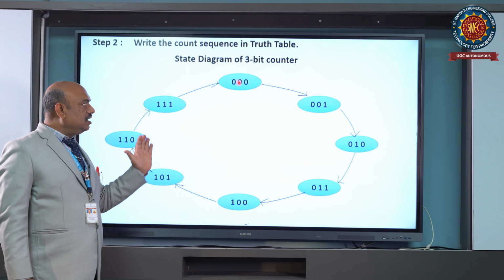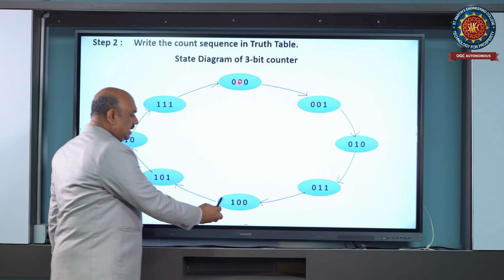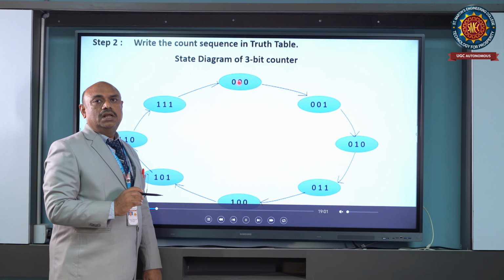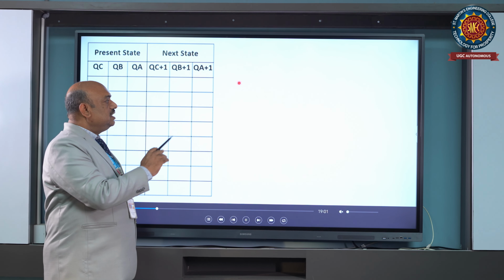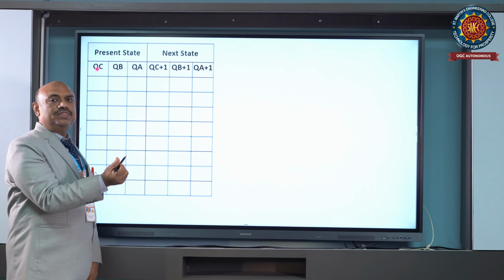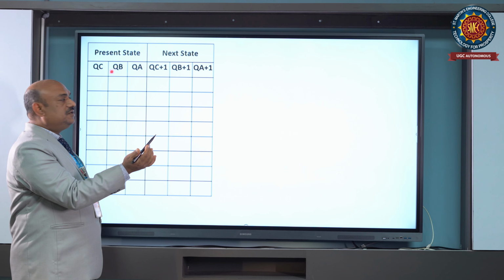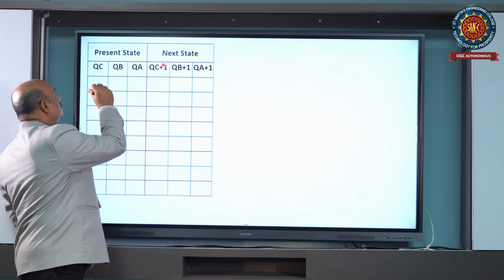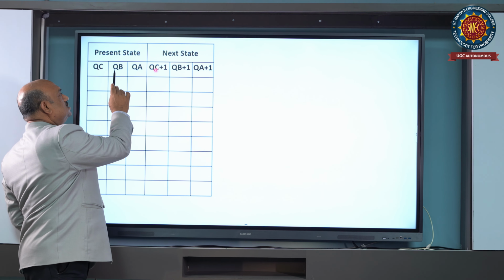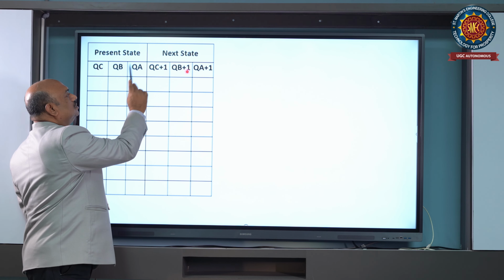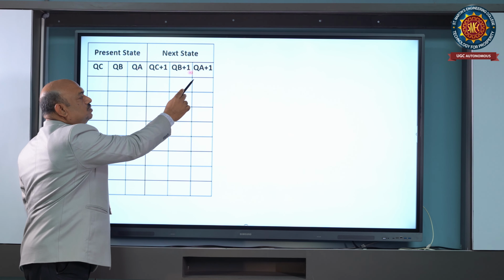In the state diagram, the present state 000 goes to next state 001. The same information from the state diagram we convert into the state table. Here we are using 3 flip-flops, so we name the outputs QC, QB, QA, and the next states QC plus 1, QB plus 1, and QA plus 1.